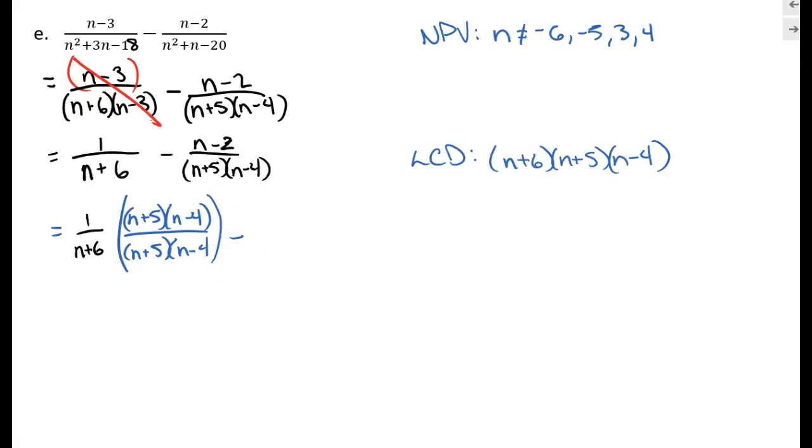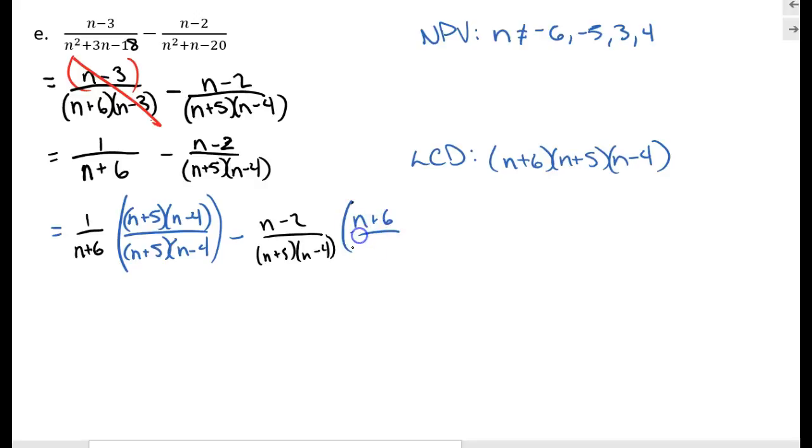My second term, I've got n minus 2 over n plus 5, n minus 4. This one's a little bit more manageable. All I need to multiply it by is n plus 6. That's all that's missing from my denominator there.